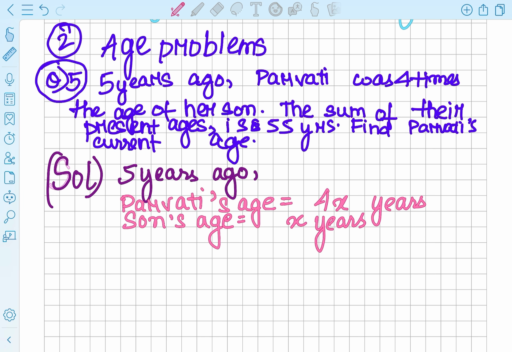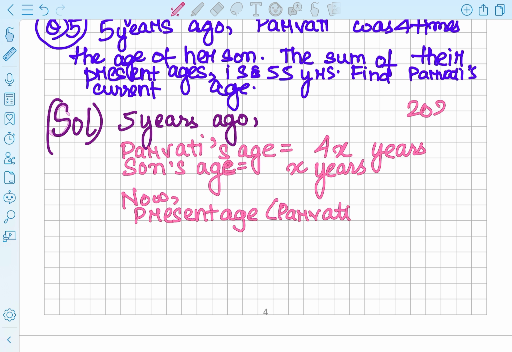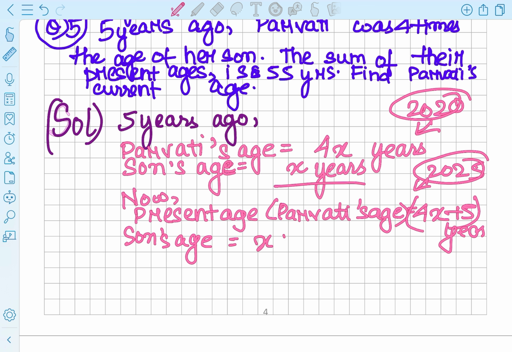The sum of their present ages, which means right now, obviously 5 years later. So what will be Parvati's present age? 5 years ago, say 2020, it was this. Now in 2025, 5 years later, Parvati's age will be 4x plus 5, as 5 years have gone. And the son's age at present will also be x plus 5.